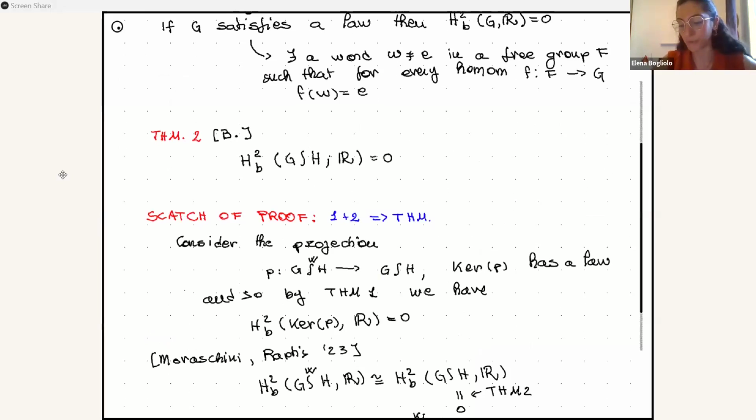The difference between theorem 2 and the theorem by Monod is the fact that we allow H to be non-amenable. And so we copy, let's say, the proof of Monod, but in order to allow for non-amenable groups, we need to use some results that come from the theory of spectral sequences. And this is everything that I wanted to say.